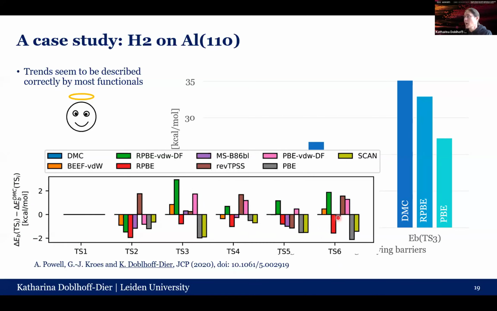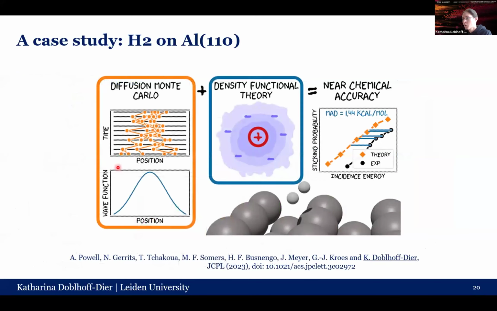So again, that shows that the trends in different barrier heights seem to be described correctly. And all we need is to find a functional that actually gets the absolute barrier height correct. And that is where the entire idea comes from, to marry diffusion Monte Carlo to density functional theory, in order to then maybe get to a description in which we can predict sticking, that is a synonym for dissociative adsorption here, at chemical accuracy.